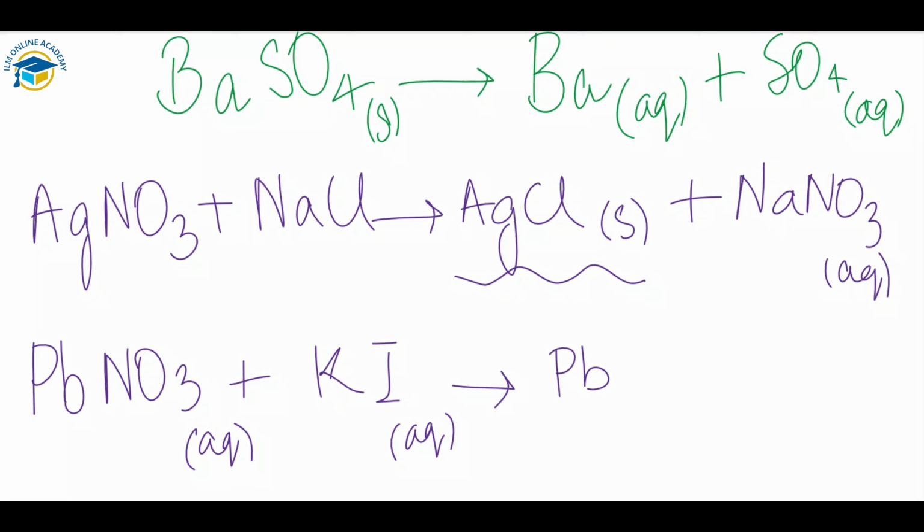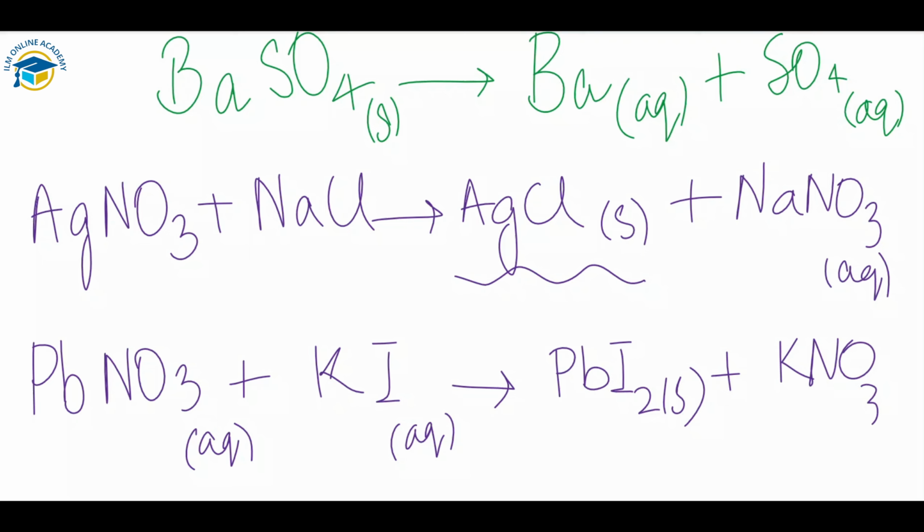Lead iodide is released here, and this is the solid yellow lead iodide that is formed by mixing the lead nitrate and the potassium iodide solutions, leaving behind the soluble potassium nitrate in the solution.